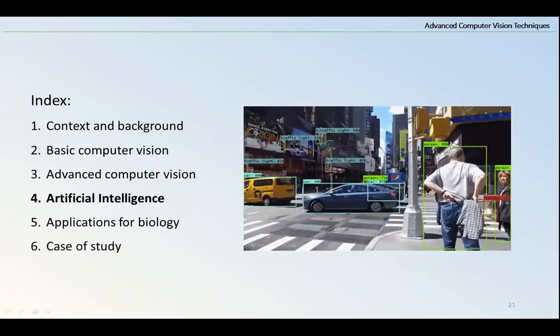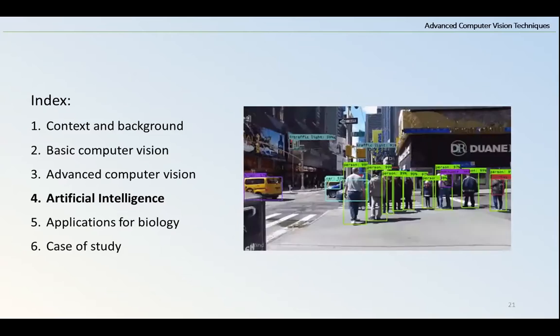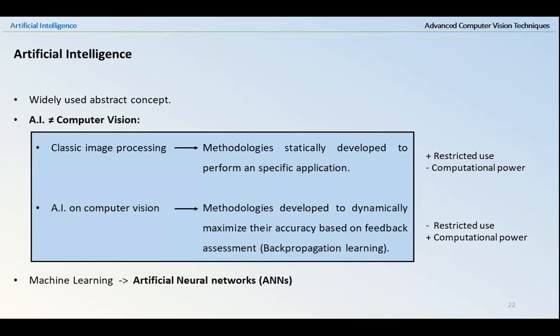Now let's see artificial intelligence. Here's the magical stuff. Artificial intelligence is a very wide concept, and it's completely different from the concept of computer vision. We can use artificial intelligence for computer vision, or we cannot, like all the techniques we have previously seen.